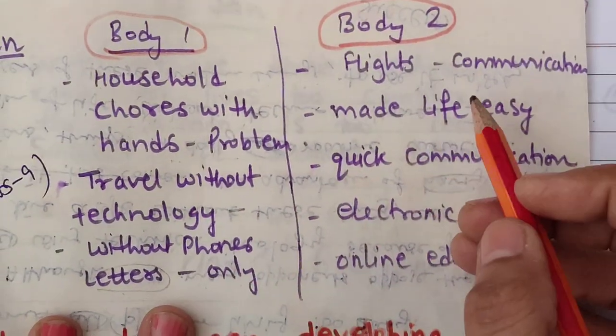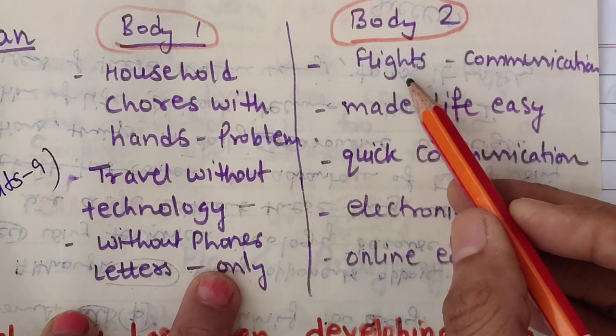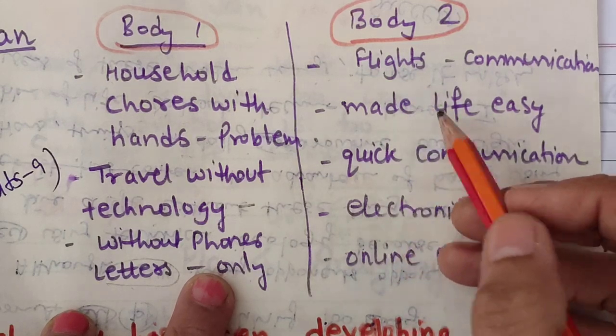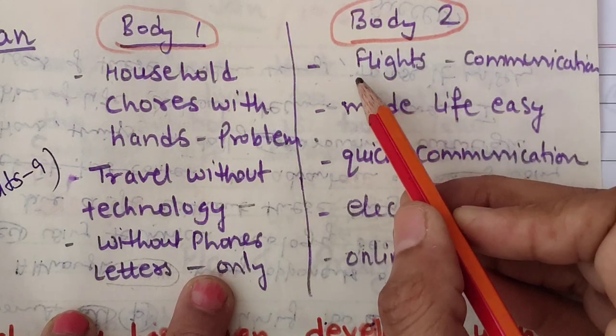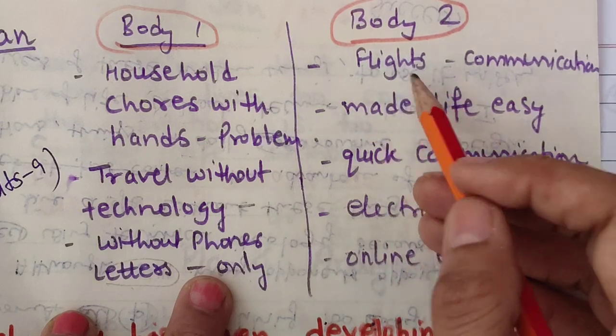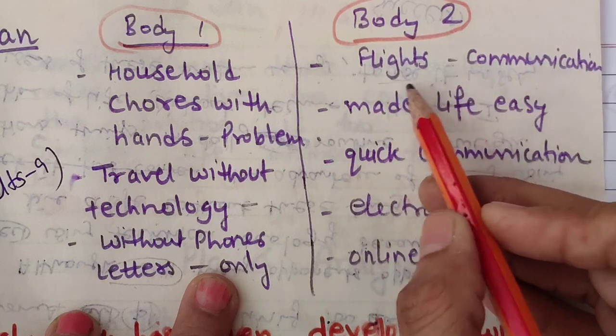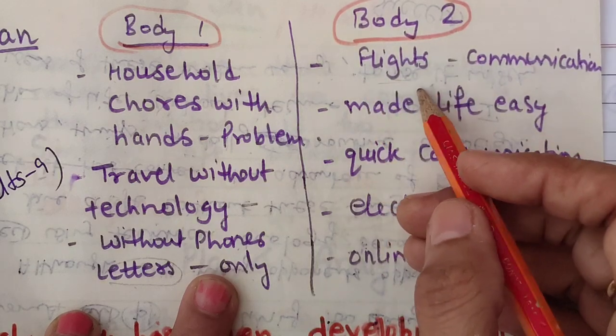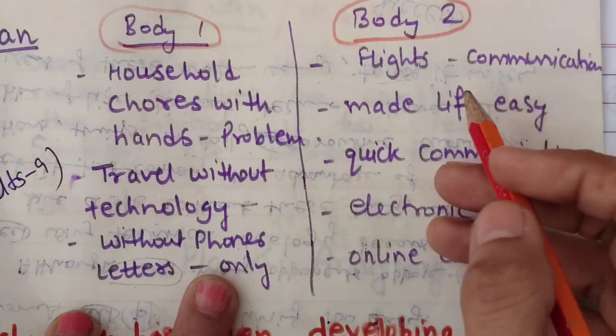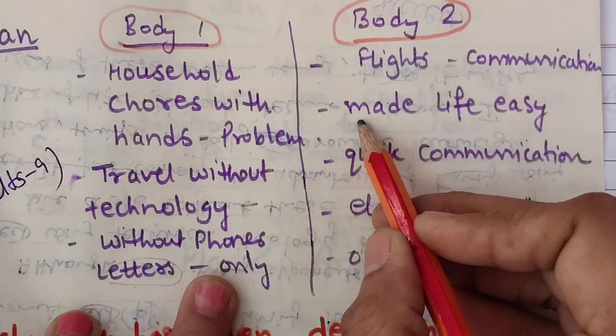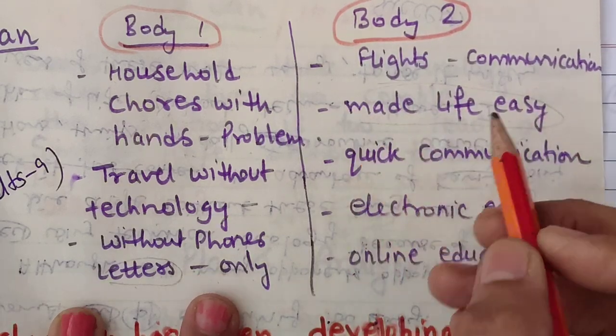Now I am going to show my points on how technology is useful to our life. Flights and transportation services, because of technology there are aeroplanes, trains, buses, two-wheelers, four-wheelers. Everything has made our life easy.